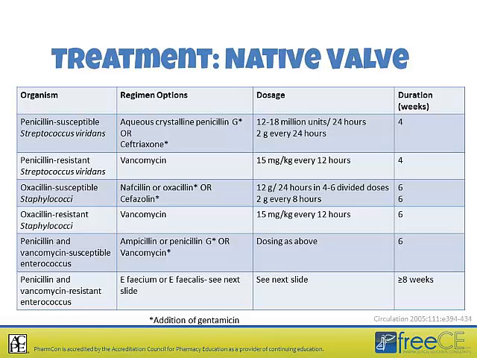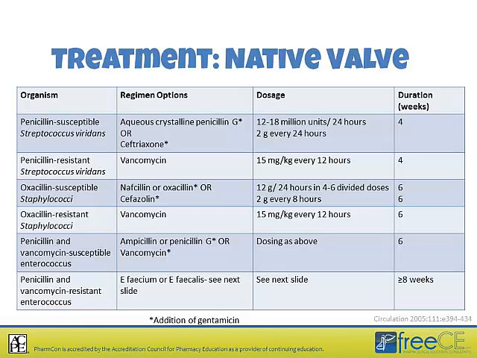So I know that this table is busy, but I thought that the easiest way to present this is treatment for native valves and treatment for prosthetic valves by organism. And really what you see in the table is that there's 2 rows for Streptococcus viridans, 2 rows for Staphylococci, and 2 rows for Enterococcus.